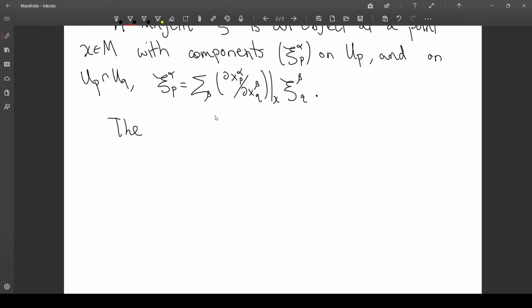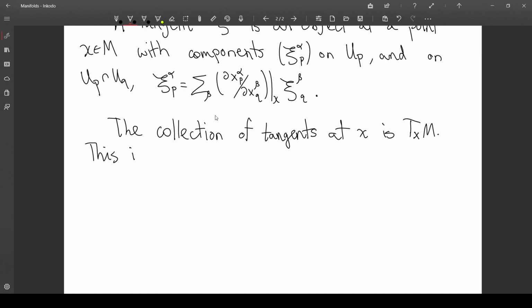So tangents are objects that are specific to a point on our manifold. So the collection of tangents at x is the tangent space T x M. And this is a vector space, so a linear algebra vector space.